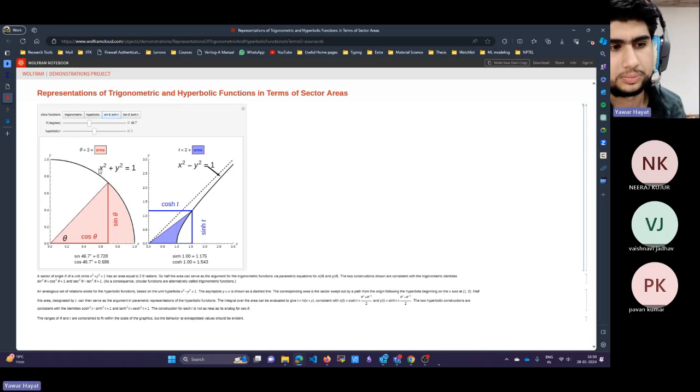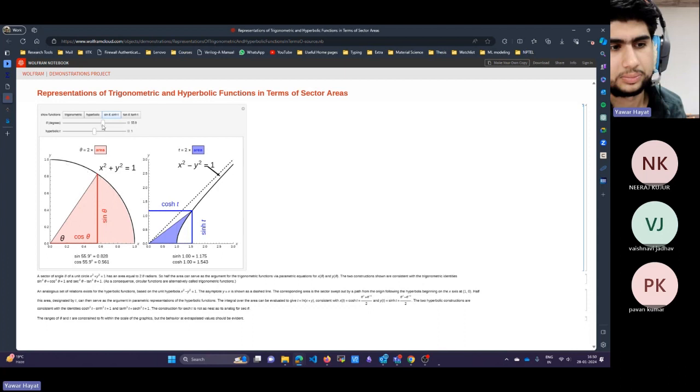Are you able to recall this as the equation of the circle x square plus y square equal to 1? Yes, sir. Okay, so x equal to cos theta and y equal to sine theta will satisfy it, right? And as you move theta, notice how this point traces this entire circle.